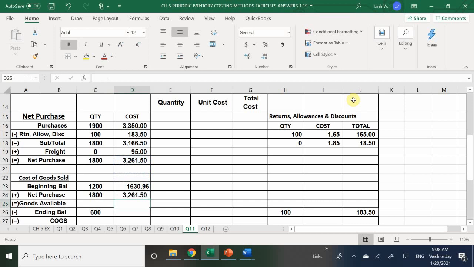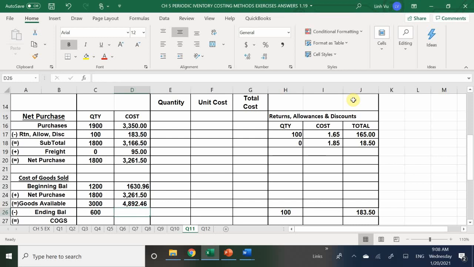Okay, so bringing our total goods available to be 3,000 at how much? 4892.46.